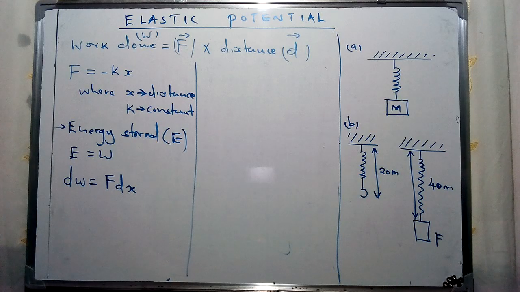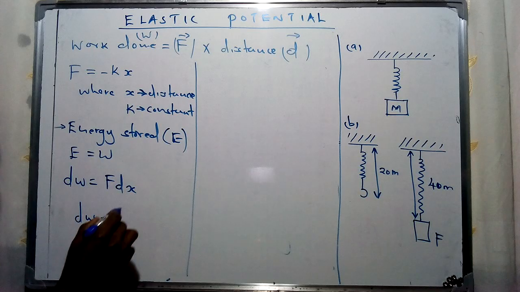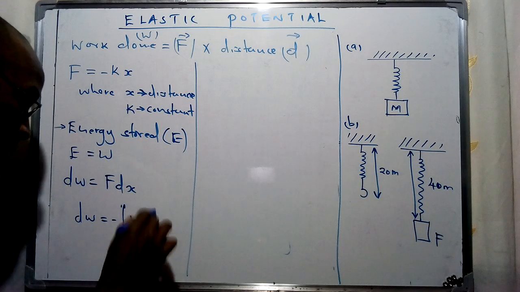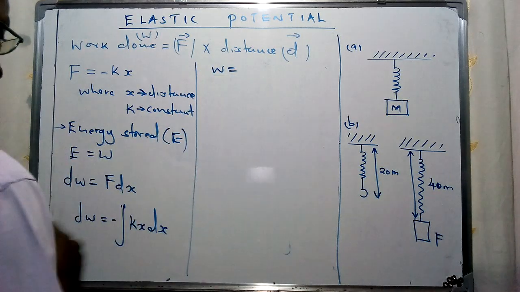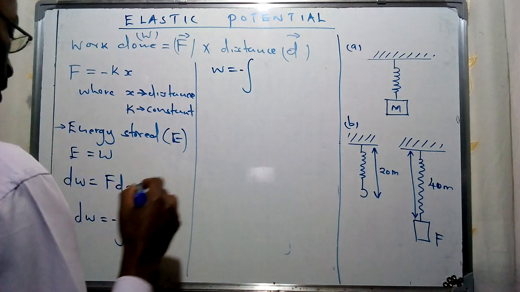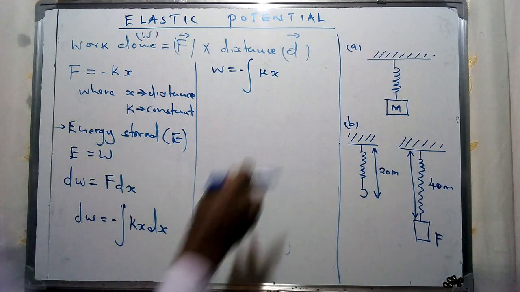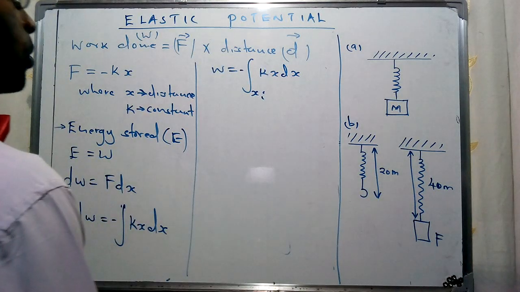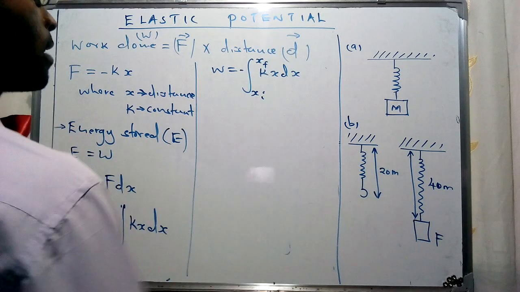Therefore, the element of work done by the spring is given as dW equals negative kx dx. To find the total work W, this is going to be the negative integral of kx dx, from the initial position, x initial, to the final position, x sub f.